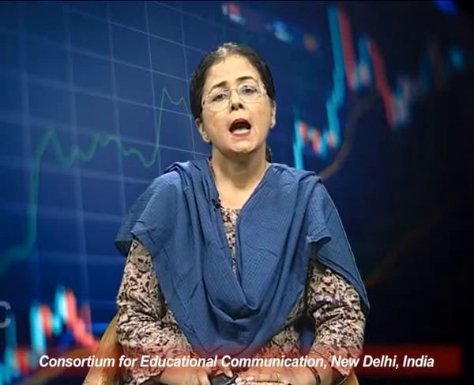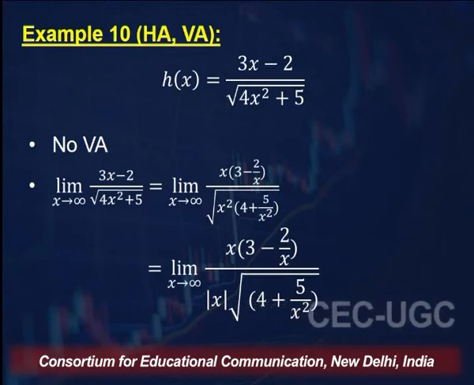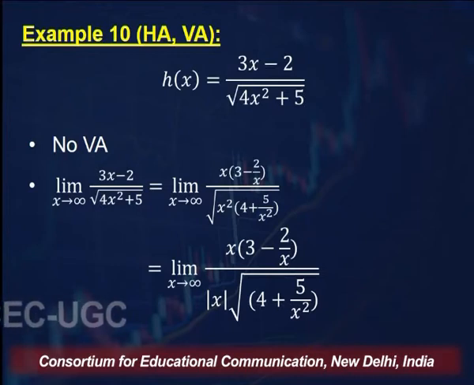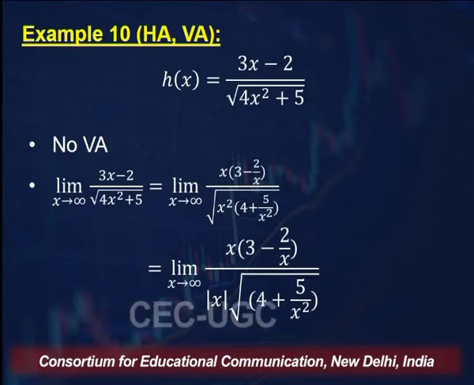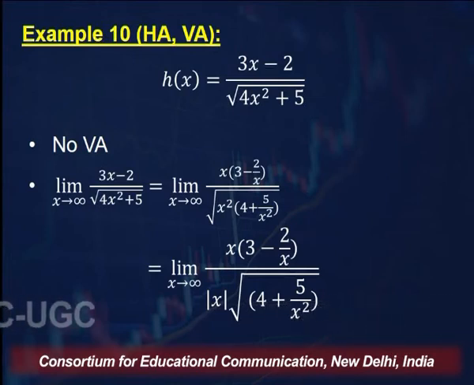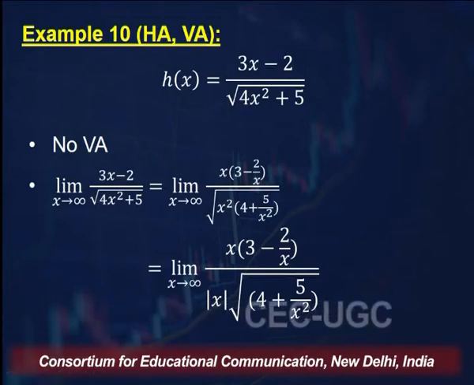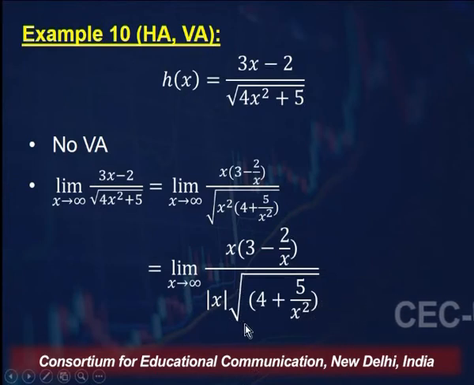Now once I take the square root of x squared out of this 4 plus 5 by x squared product, then outside I will get mod x, and that will be multiplied by square root of 4 plus 5 by x squared. And let's see how we can manipulate that.